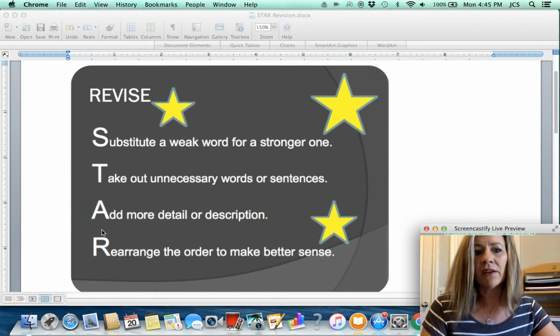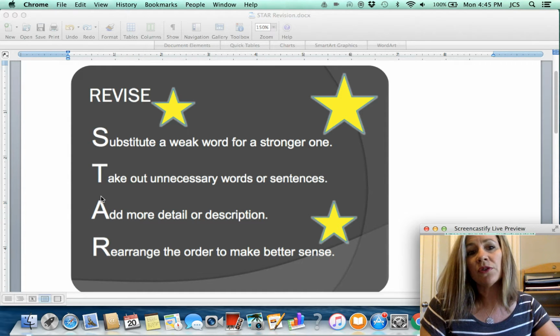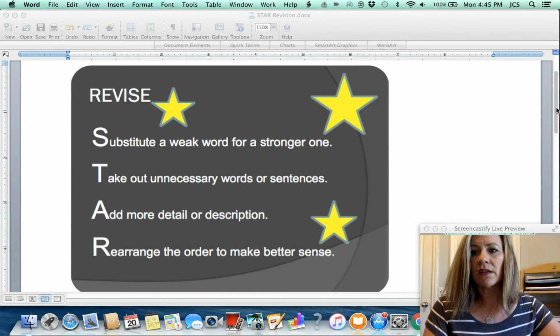A student may or may not use all four S.T.A.R revision techniques in each and every paragraph. They may only use 1, 2, 3, or a multitude of a particular letter. So let's take a look at what this is going to look like.